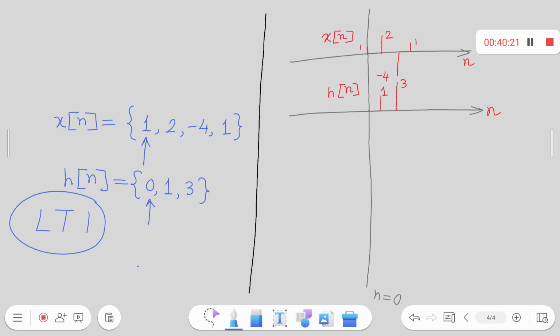Okay, so how to find out the output? How can I find out the output? So there are two operations.